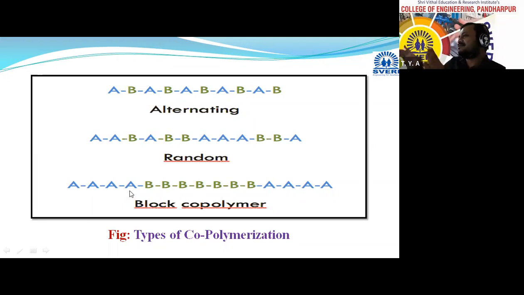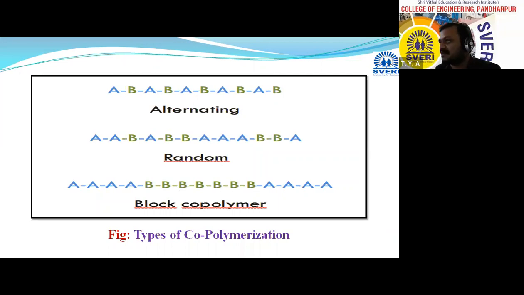the chains are formed in blocks, here you can say two, three A monomers will be joined and it will get stitched to a block of B monomer chain. Are you getting this? This is an A monomer chain, this is a B monomer chain, and those chains are stitched together.